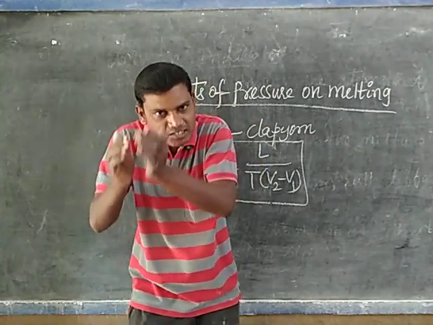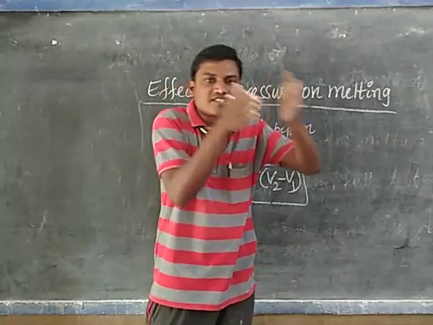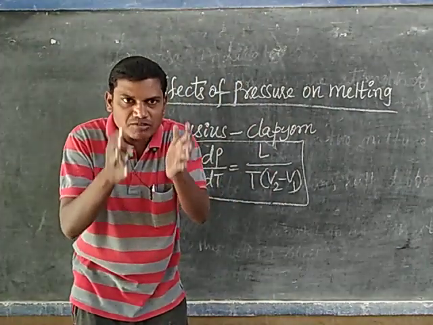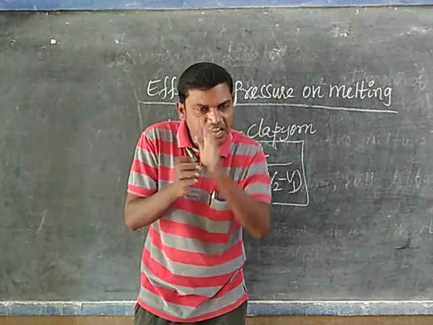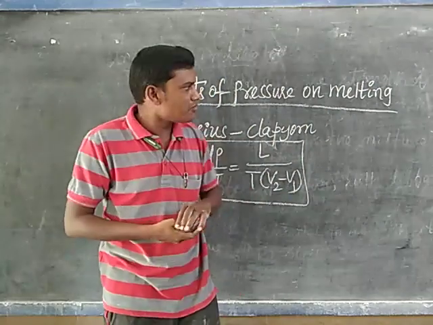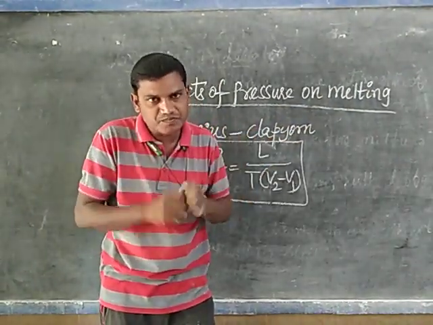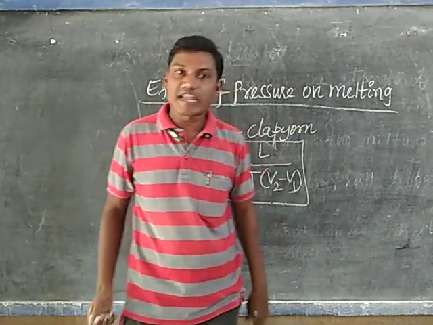When a solid substance absorbs heat energy, at that time the solid phase changes into the liquid phase. Generally, according to the thermal properties of matter, if a body absorbs heat energy, it starts expansion. That's why during melting also it must start expansion. But here what happens? It contracts instead of expanding.